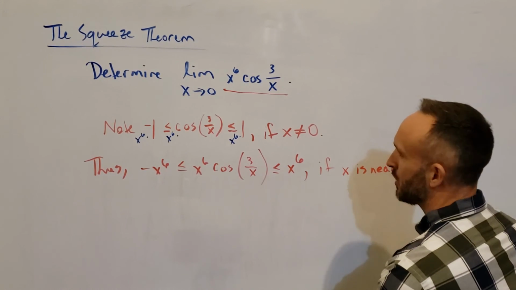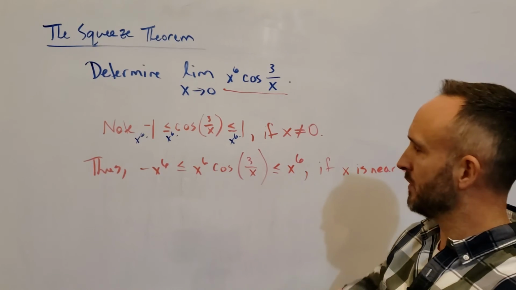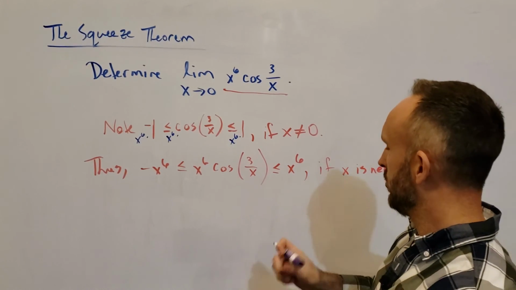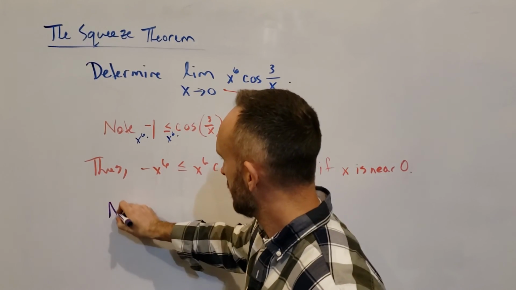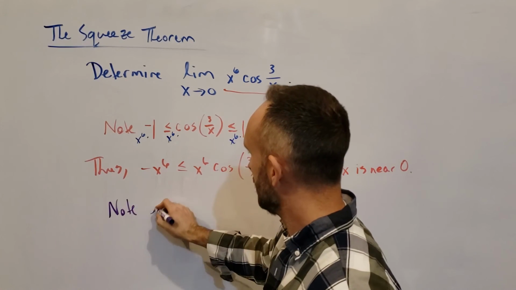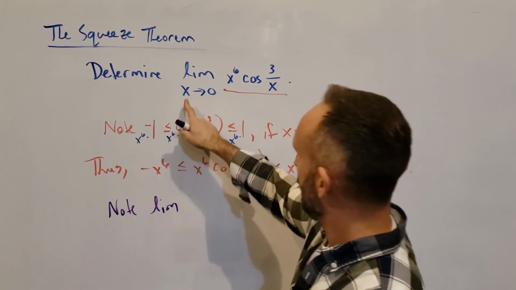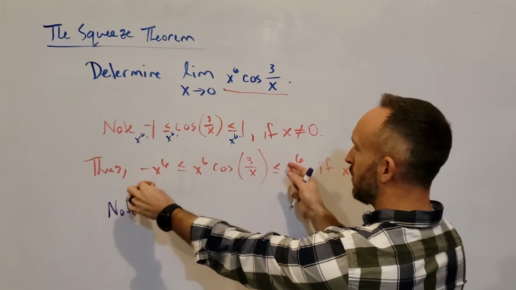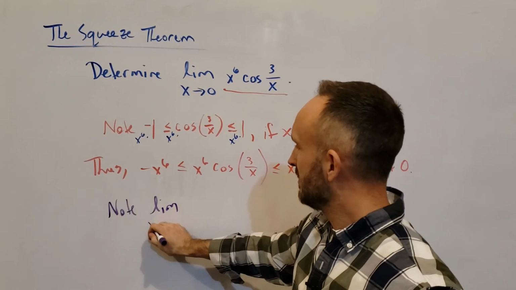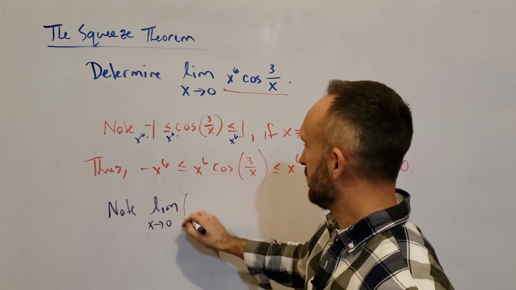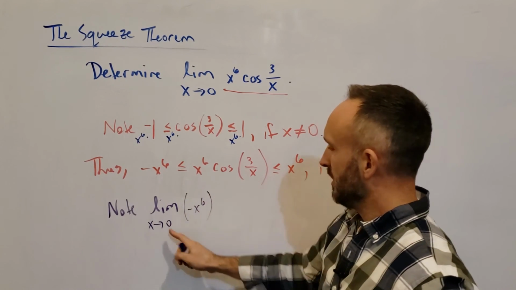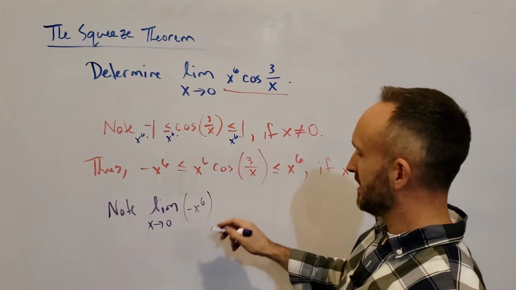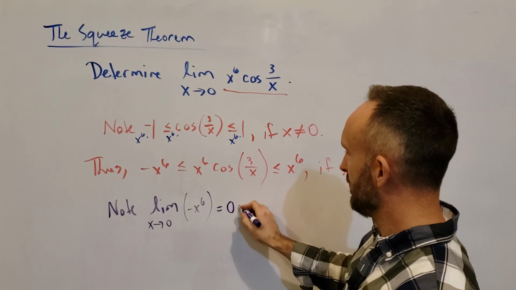Now, we're building all the structure for the squeeze theorem. So note that I want the limit as x goes to 0. I'm going to analyze the lower and the upper function here as x approaches 0. So the limit as x approaches 0 of negative x to the 6th is 0.